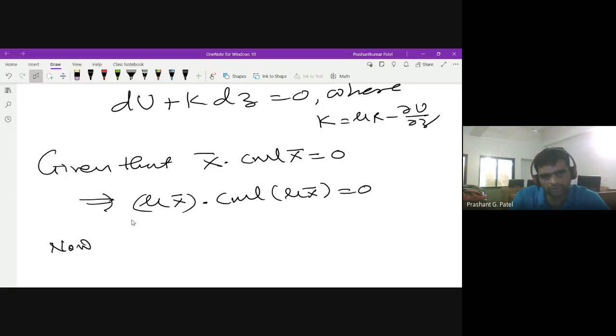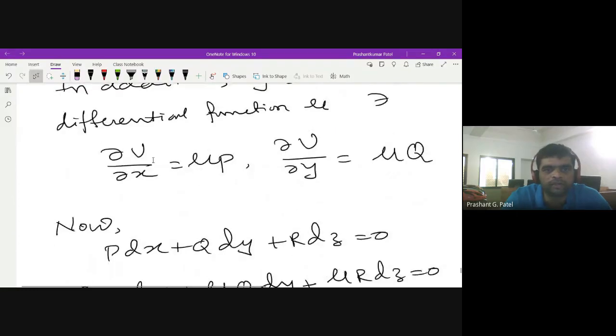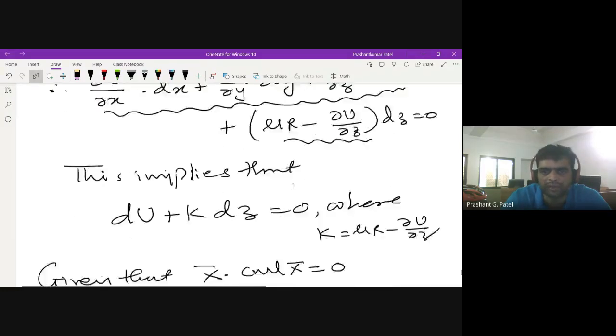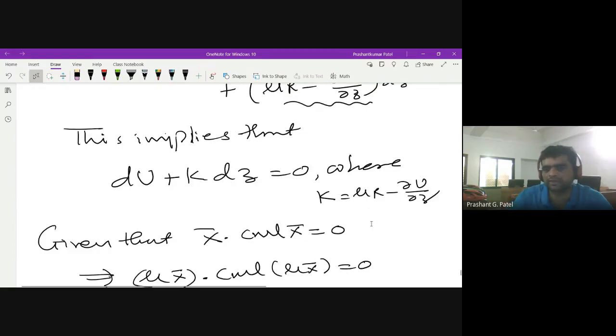Now you just observe this. What is mu into X bar? Mu into X bar is mu P, mu Q, mu R. But mu P we have obtained here, that is mu P is del u by del x, mu Q is del u by del y. So we'll substitute that value. And what is mu R? Mu R we can get from this equation: mu R is K plus del u by del z.